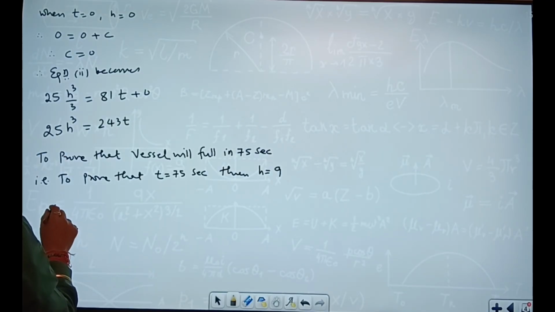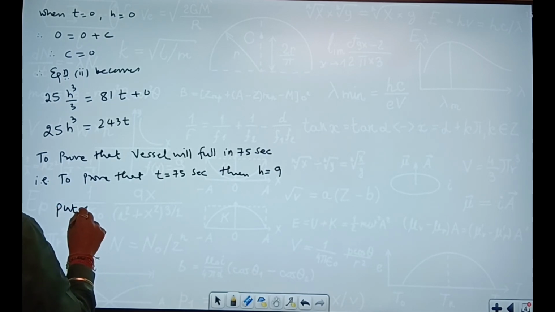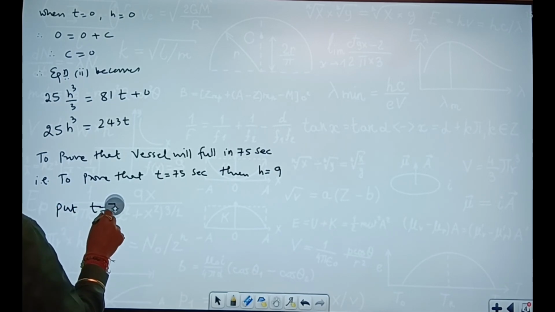This is one way to prove. Put t is equal to 75.